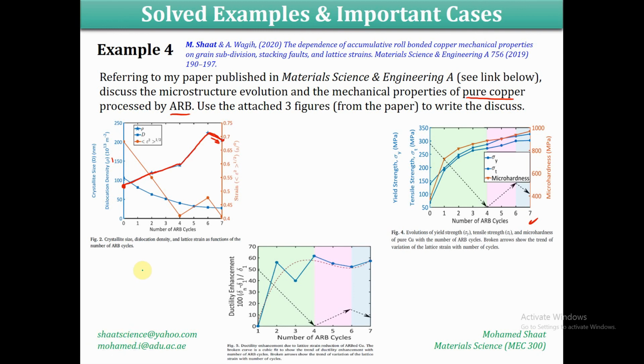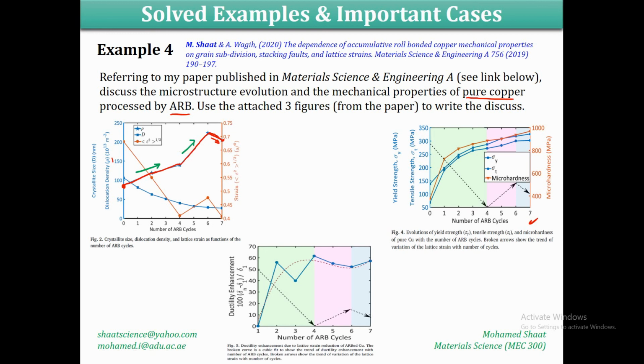One is that between cycle 0 and cycle 4, we have a certain rate of increase, almost like a straight line, right? Then from 4 to 6, the rate has increased. It means that the dislocation has increased significantly.